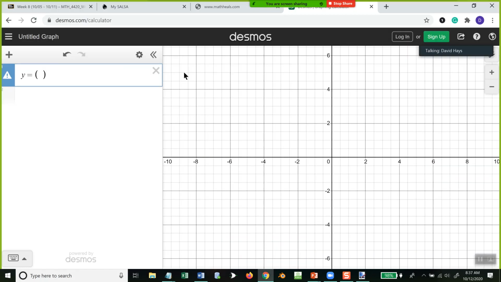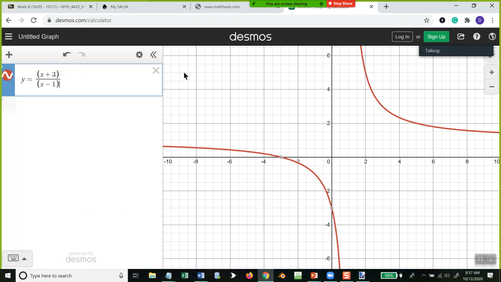So we got x plus 3 divided by x minus 1. Now, again, where the critical values are is where something important is potentially happening.